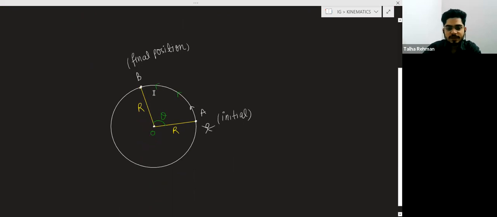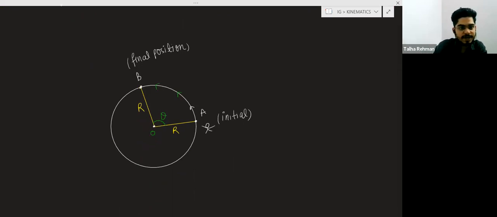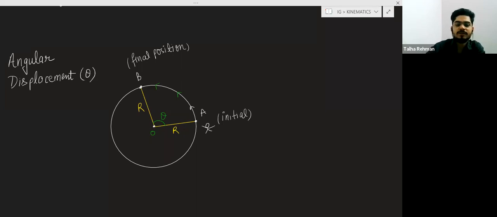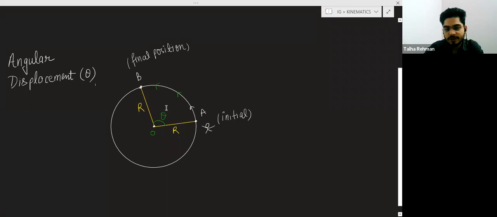So basically this angle theta is known as the angular displacement. Angular displacement is represented by theta. This is the angular displacement.